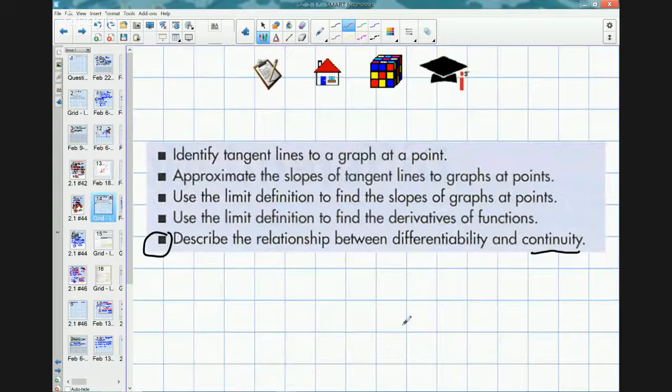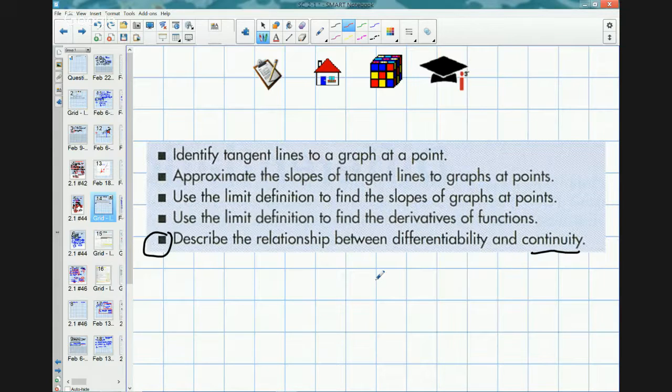So maybe a little backwards, but here are the things they're trying to show you in this lesson. We have been working on finding tangent lines to a graph at a point. We've been more than approximating. We've been finding them exactly. We use the limit definition to find slopes. And the only thing maybe we need to talk about is that last one a little bit.